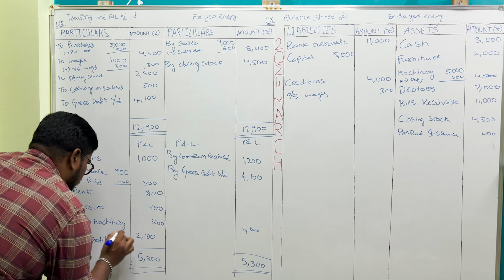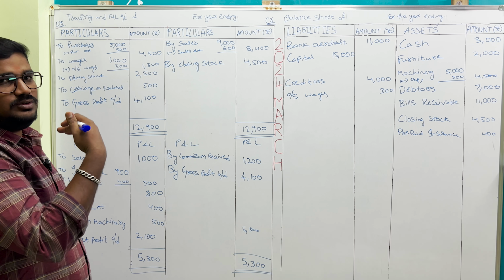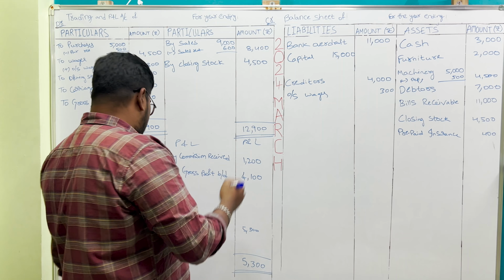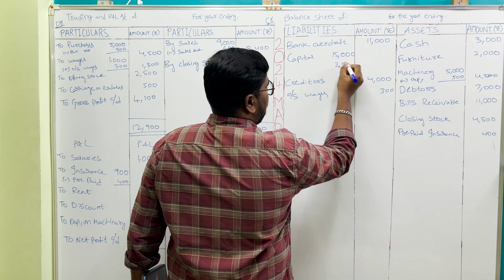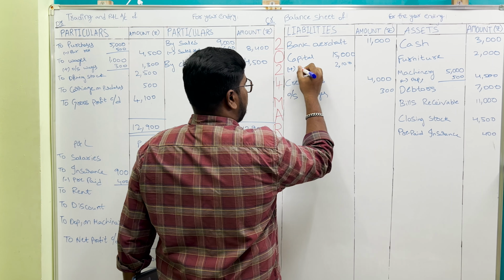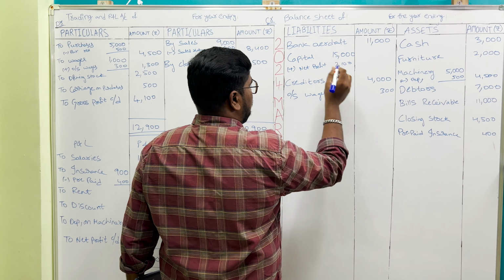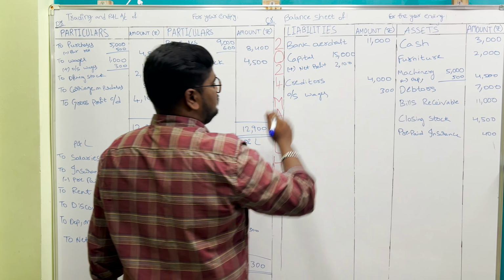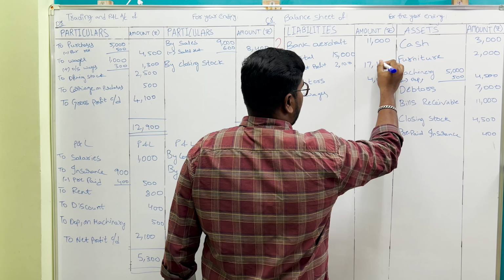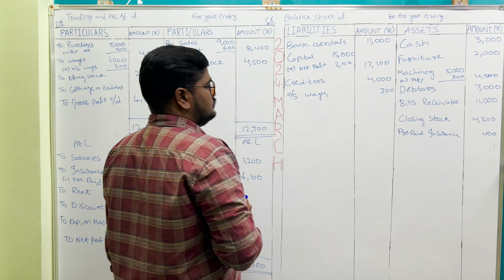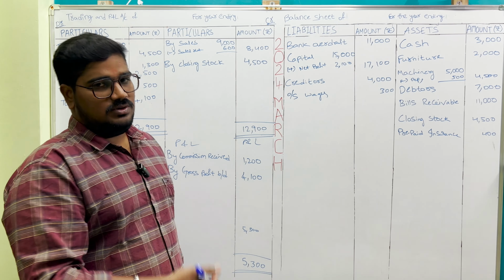carried down. Okay, now this net profit we are going to add to the capital. Okay, 2,100. Add net profit, then that is 17,100. Now let's quickly calculate the totals of liabilities and assets.